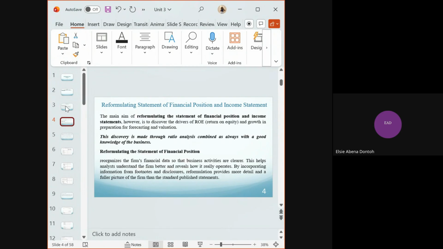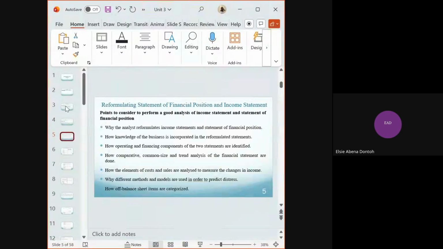It helps analysts understand firms better and reveals how the firm really operates. By incorporating information from footnotes and disclosures, the reformulation provides more detail and a fuller picture of the firm than the standard published statement.